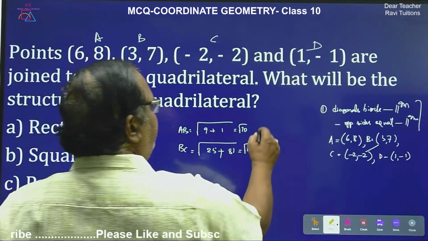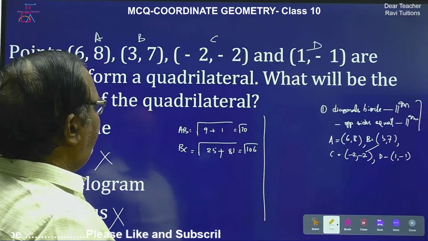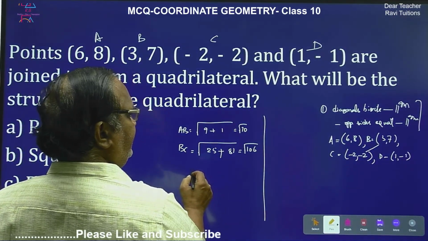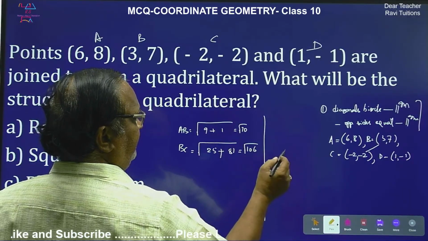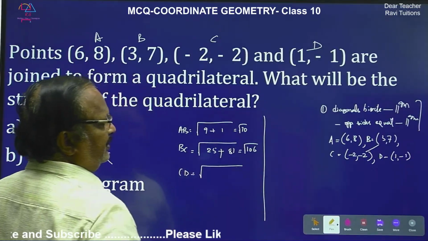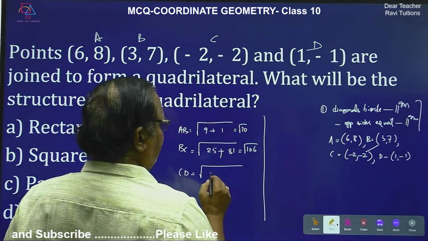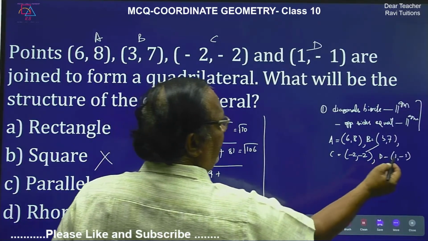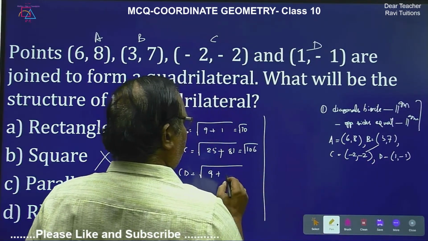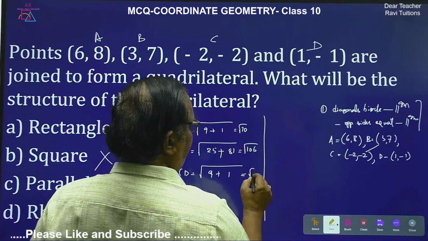Okay, so no need to do other things. Let us find out CD also. You can write AB, BC, CD. CD we will find out. So 1 minus minus 2, 3, 3 square is 9, minus 1 minus 2, that means minus 1 plus 2, so plus 1 whole square, 10.